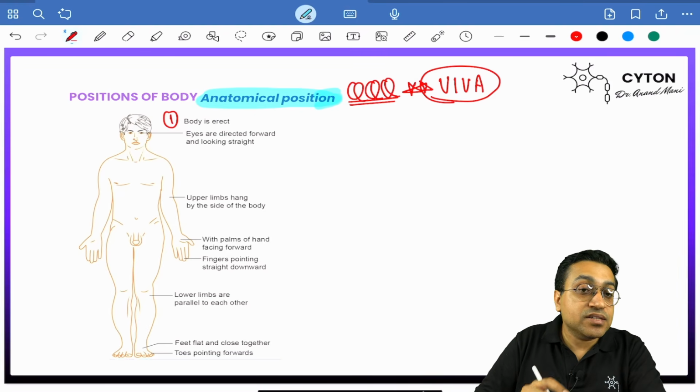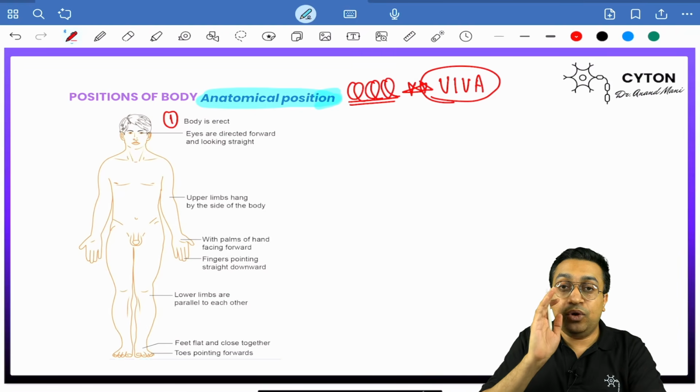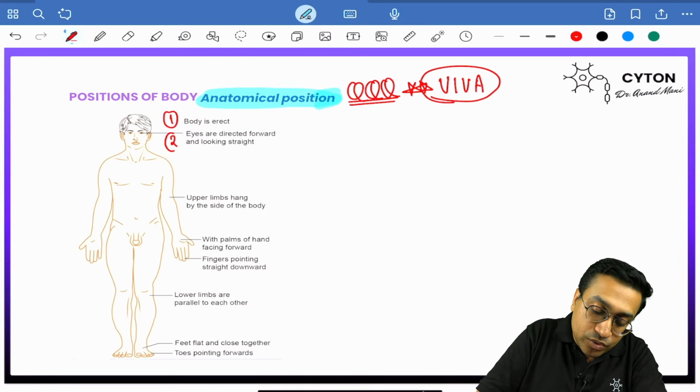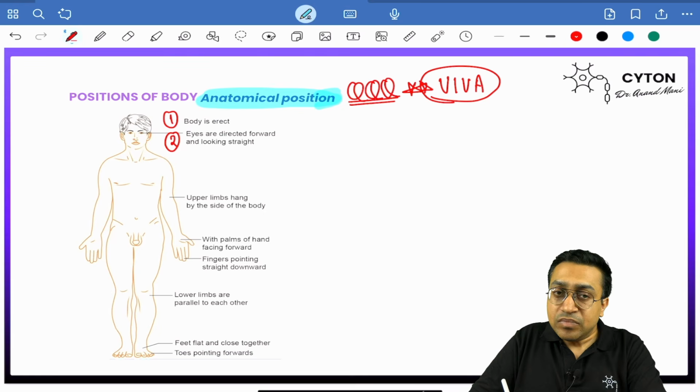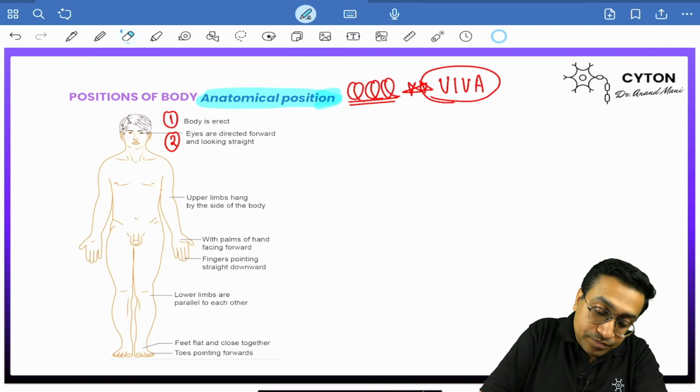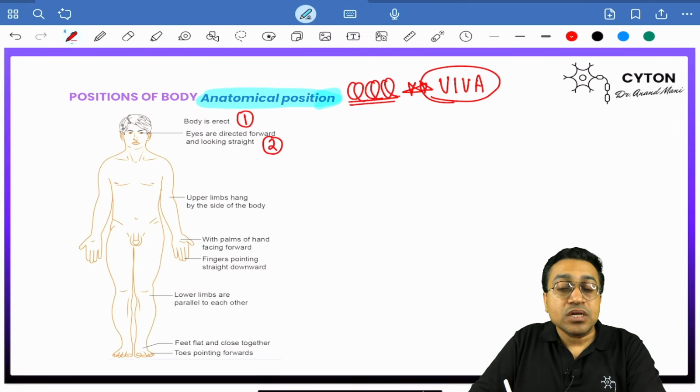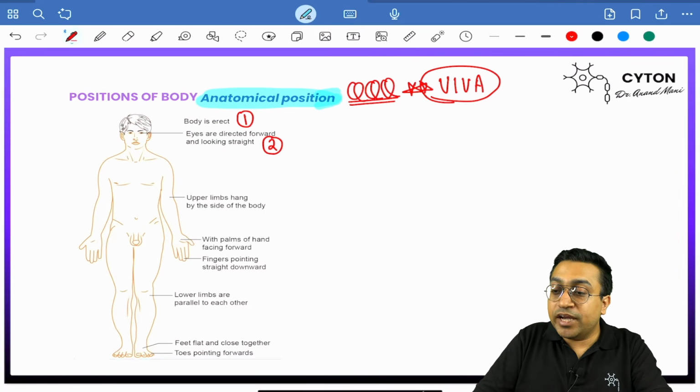Then the eyes are directed forwards and looking straight. That is another point which you have to tell. Third point, the upper limbs are hanging by the side of the body.